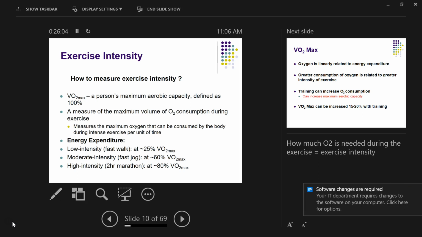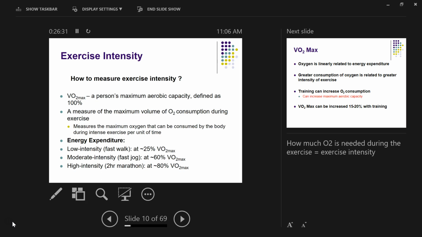And here's something that you need to remember: the percentage, how we define low intensity, moderate intensity, high intensity exercise. We use the percentage of maximum oxygen capacity as an indicator of the different levels of intensity.